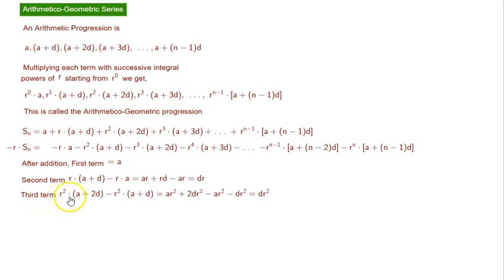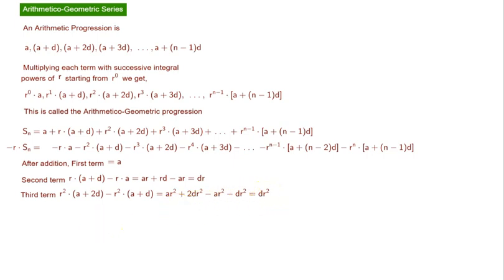The third term becomes r square times a plus 2d minus r square times a plus d, which gives us ar square plus 2dr square minus ar square minus dr square. Ar square gets cancelled. We have 2dr square minus dr square, which gives us dr square.